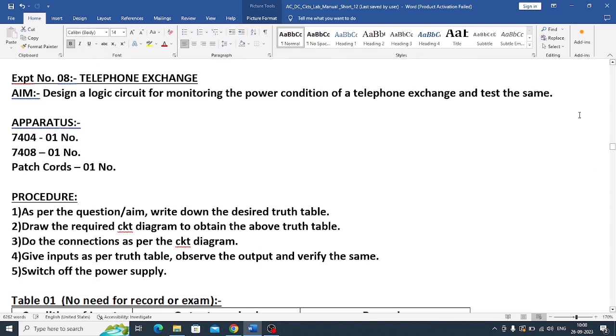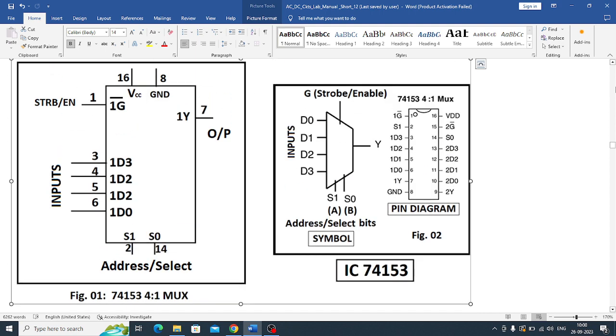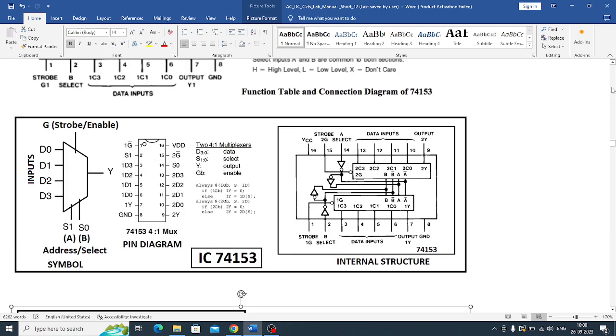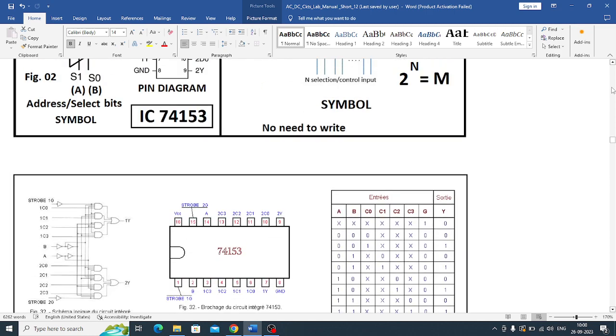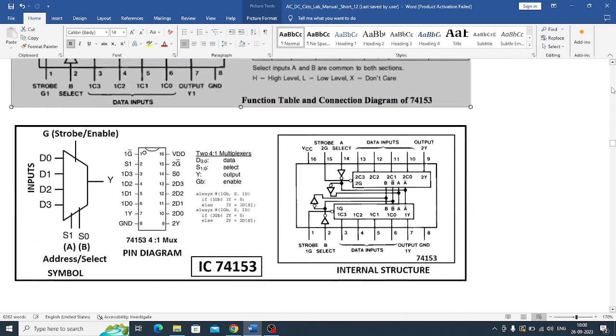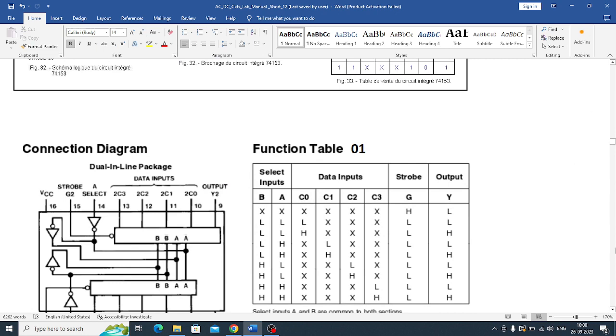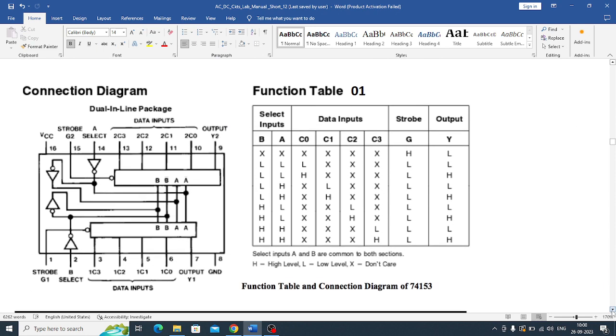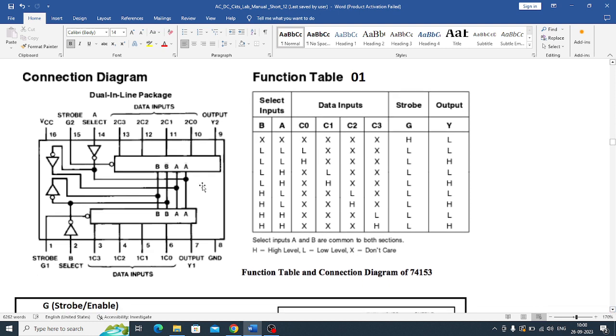The internal diagram is here. You can see here there are two sets of multiplexers.